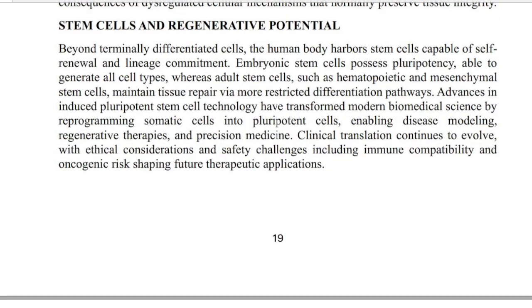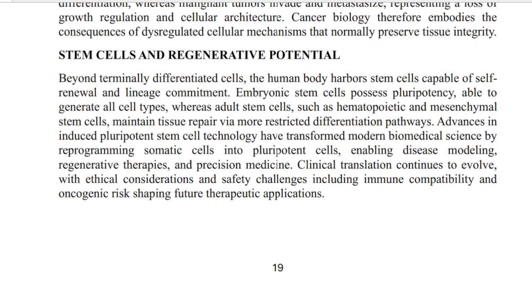Stem cells and regenerative potential. Beyond terminally differentiated cells, the human body harbors stem cells capable of self-renewal and lineage commitment. Embryonic stem cells possess pluripotency, able to generate all cell types, whereas adult stem cells, such as hematopoietic and mesenchymal stem cells, maintain tissue repair via more restricted differentiation pathways.